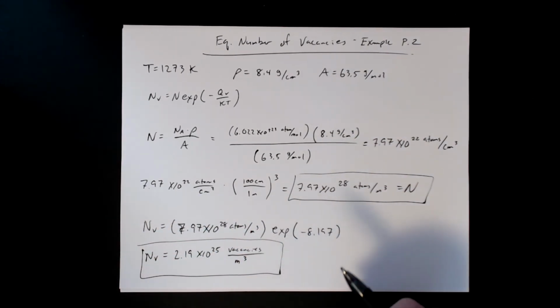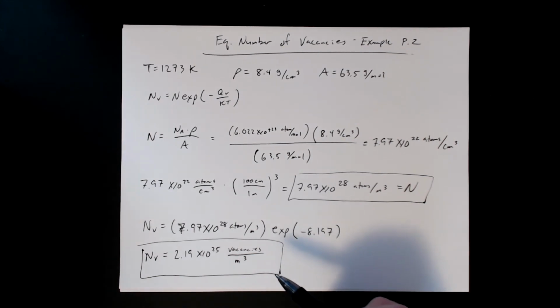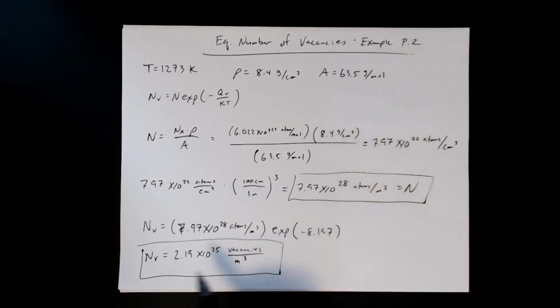So again, looking at this, we saw before that the fraction was only 10 to the minus 4, right? So that many vacancies per total number of sites. But in the absolute value here, we see that we still have over a mole of vacancies per cubic meter.